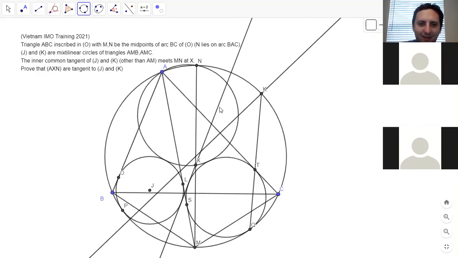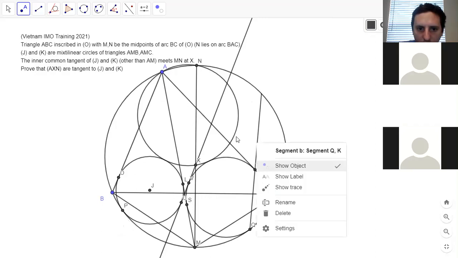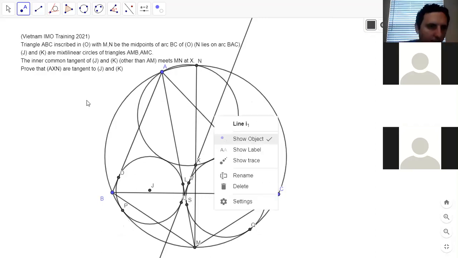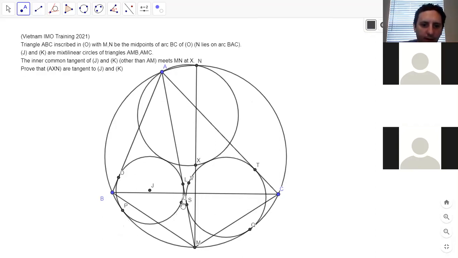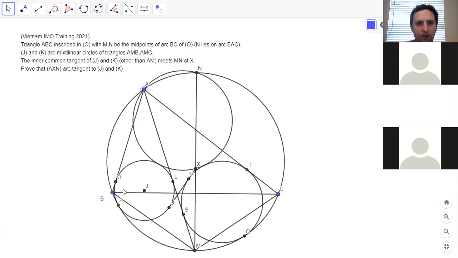Perfect. That's cool. I like this problem. Okay. So let me hide this, and this. Yeah, it's actually a hard diagram to draw in GeoGebra, but it's not that hard. Once you've already drawn it, it's not that complicated. Interesting.